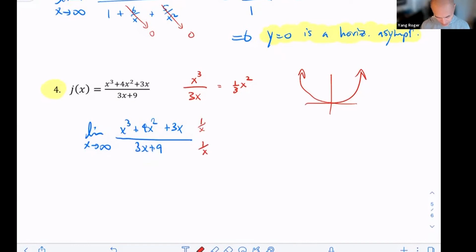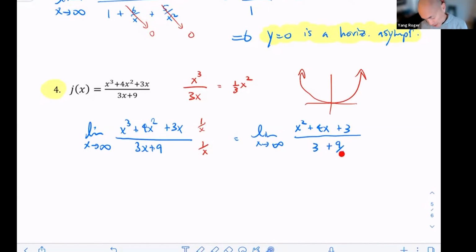So when I do that, my limit becomes x squared plus 4x plus 3. That's the numerator. And the denominator becomes 3 plus 9 over x.